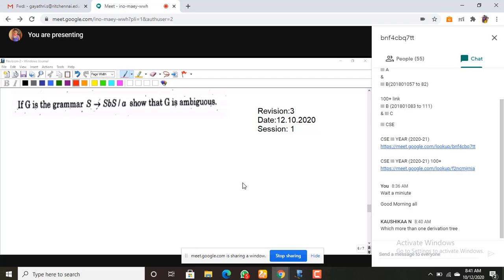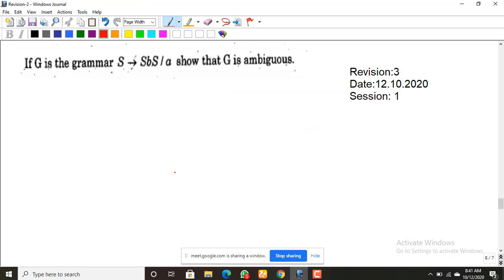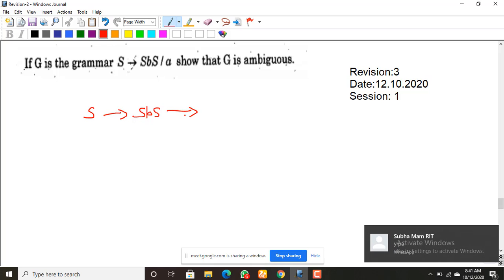Before I show that the grammar is ambiguous, first I have to find the strings accepted by this grammar. So I will write the grammar S, B, S. You can follow any left derivation or right derivation.